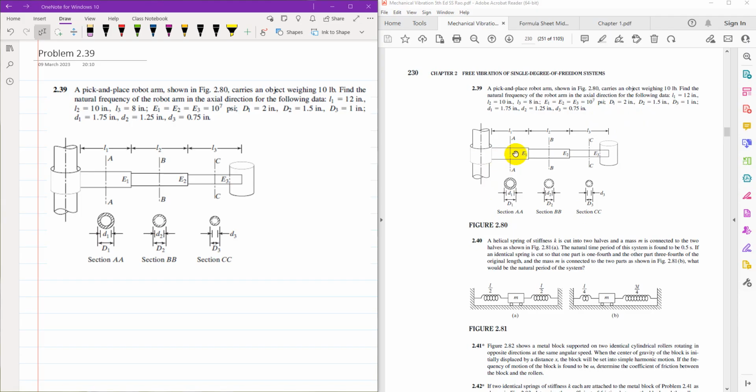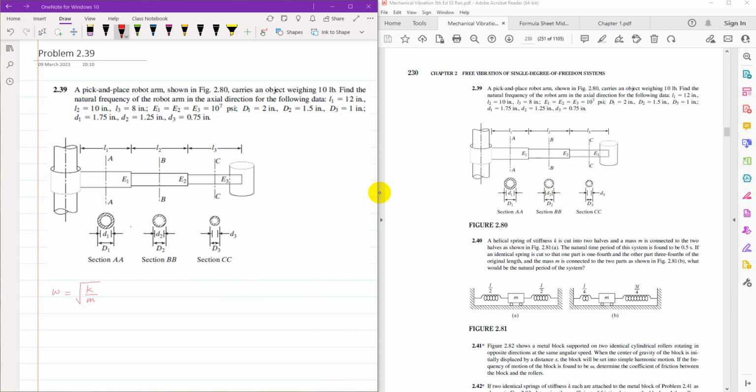So it is in the axial direction, it is assumed as a linear translational system, and for that system, natural frequency you can simply find using square root of k over m. So omega in this case is the square root of k over m.